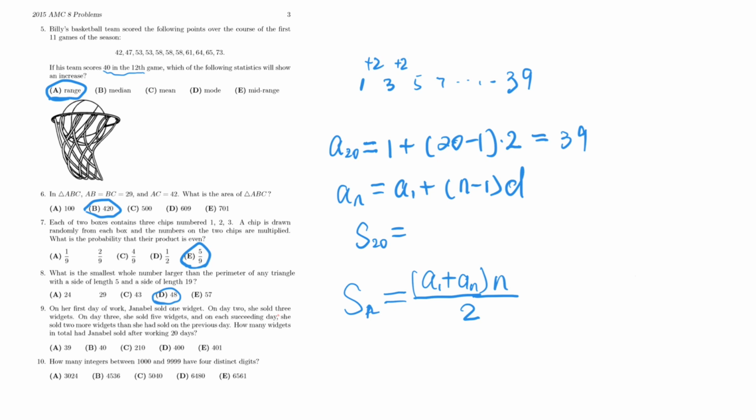For the 20 terms, the first term is 1 and the last term, the 20th term, is 39. The number of terms is 20, divided by 2, so cancel the 2, that's 10. So that's 40 times 10, which is 400. So the total is 400 widgets sold. The answer is D.